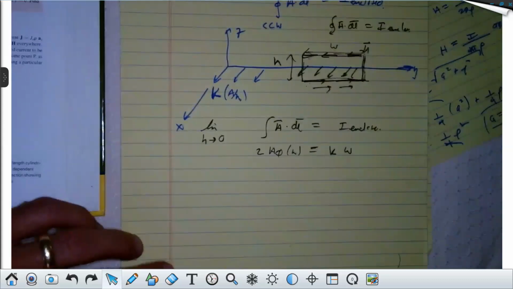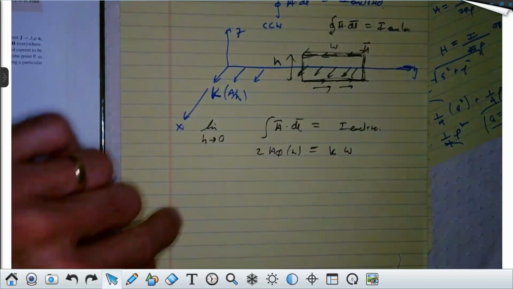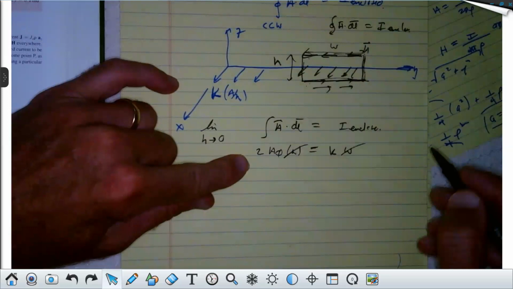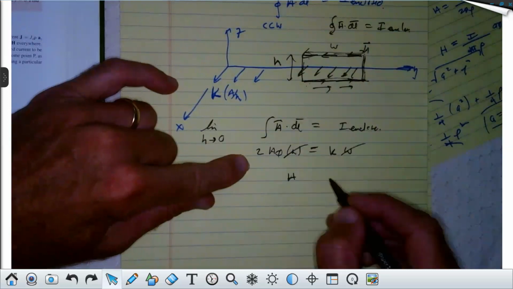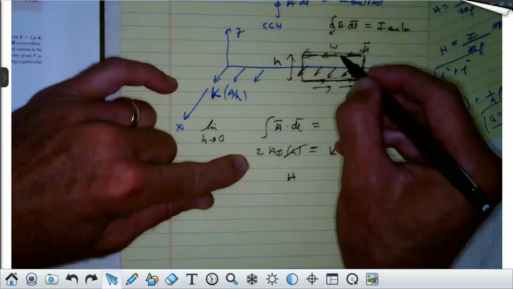If it looks a little funny, look on page 226 and you can read through that. But I'm essentially doing what he's doing, I guess, without breaking the integral up formally like he did. And the one thing that happens is the W cancels and you get H. I called it in the phi direction, but really, above it, it's in this direction, below it, it's in this direction.